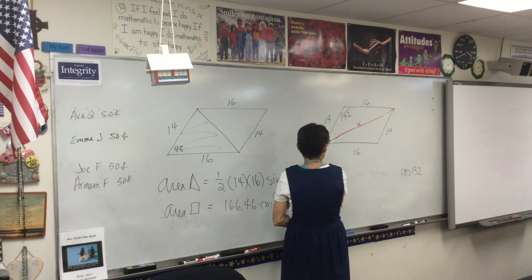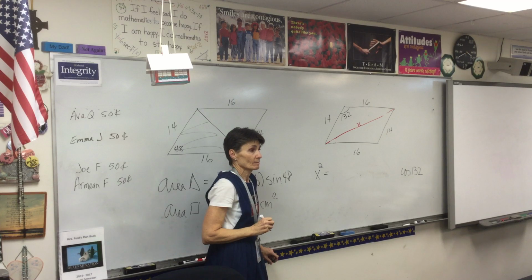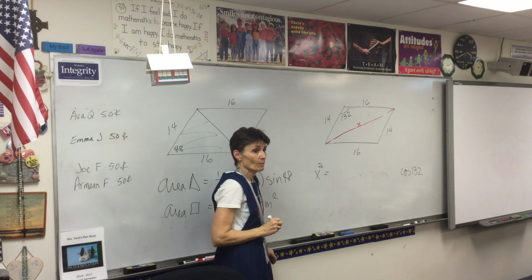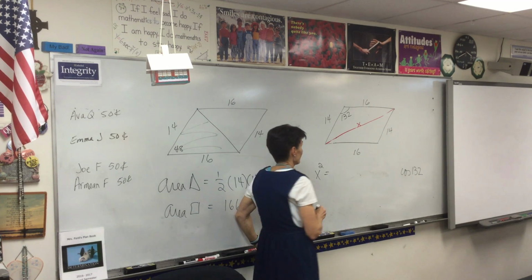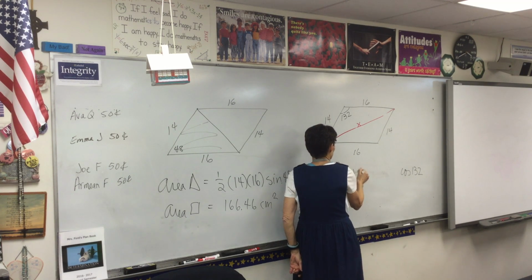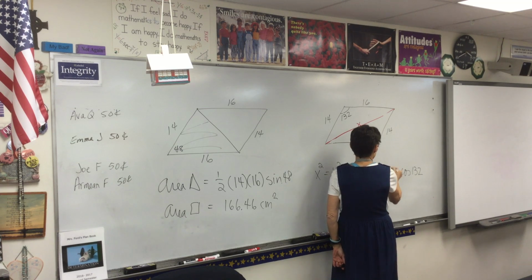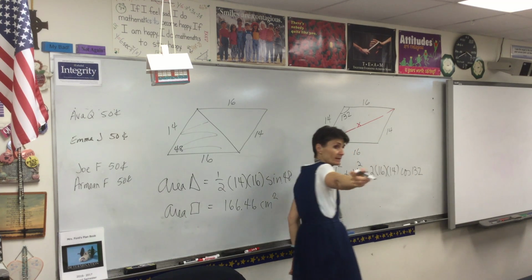So the side would be x squared equals 16 squared plus 14 squared, and then minus 2 times 16 times 14 times the cosine of 132. Don't forget to take the square root.